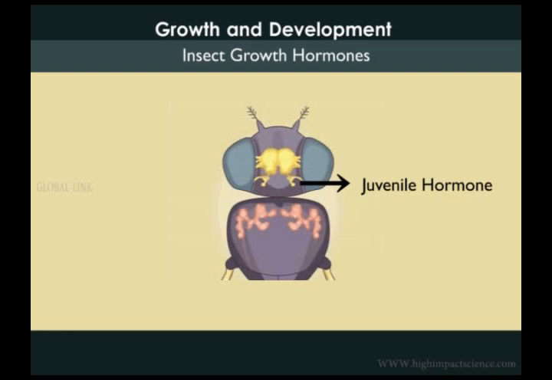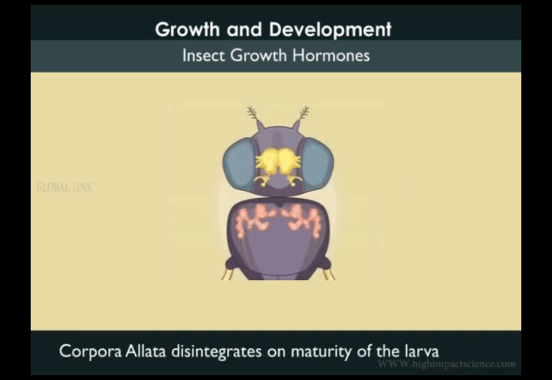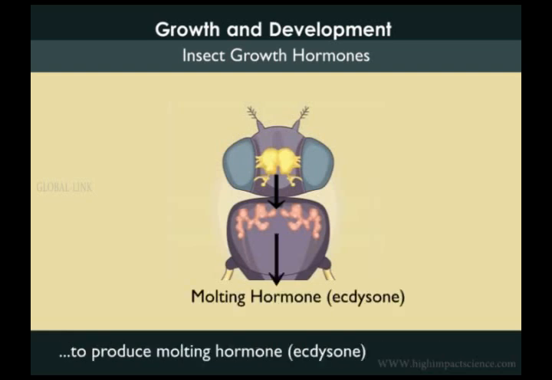This leads to the formation of larval cuticle. Therefore, molting does not go beyond the larval stage. When the larva matures, the corpus alatum disintegrates. At this time, the neurosecretory cells stimulate the prothoracic glands to produce molting hormone or ecdysone. Ecdysone is responsible for molting in insects, leading to the laying of adult cuticle.